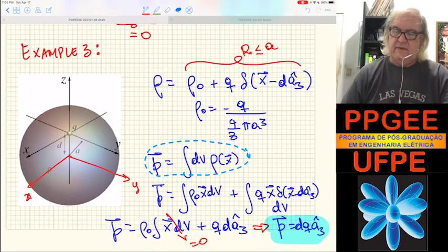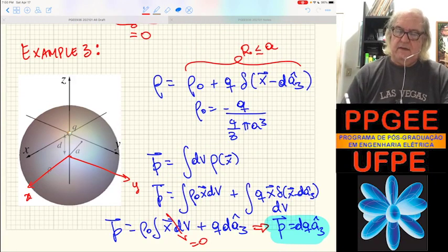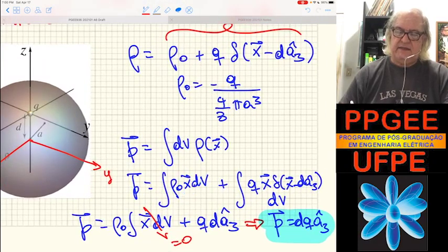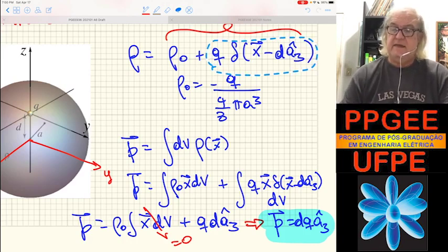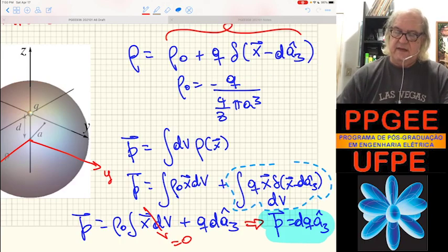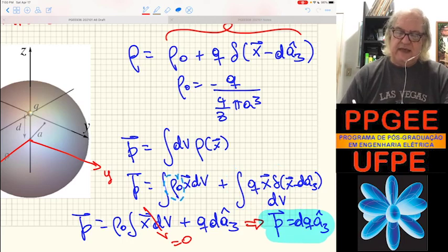We're going to have one factor that is rho 0 times x, integral of this. The other is going to be this one times x. Rho 0 goes out of the integral, and we have x.